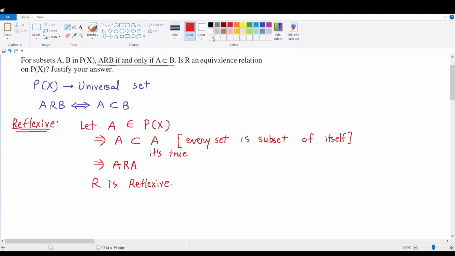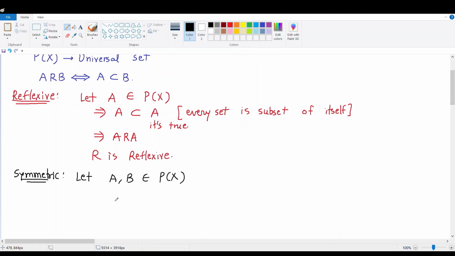Let's check for symmetric. So for symmetric, it is what? That if A, B belongs to R, then B, A must belong to R. So in this case, let A, B belong to our universal set P of X. Therefore, our A R B is going to be what? A is a subset of B, right?